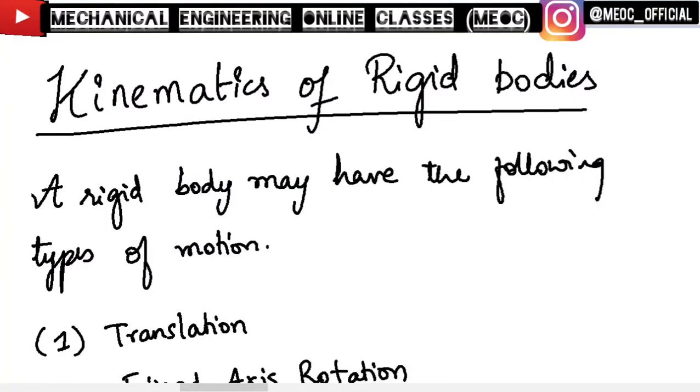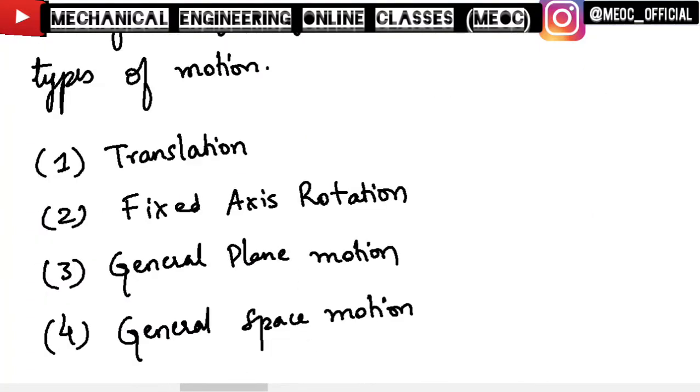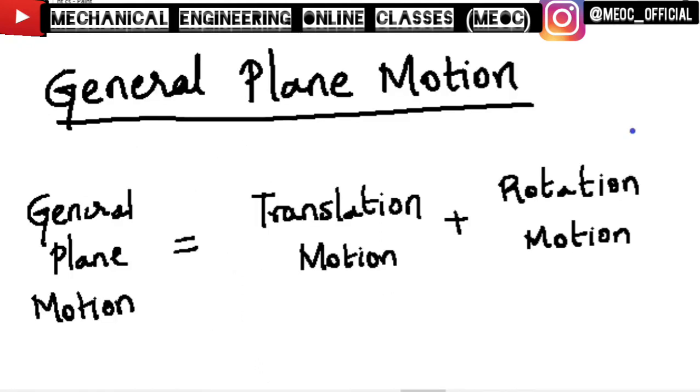Let us see the third type of motion, which is general plane motion. General plane motion is a combination of translation and rotation happening simultaneously. So when a body is performing general plane motion, it's assumed to perform fixed axis rotation about some center.